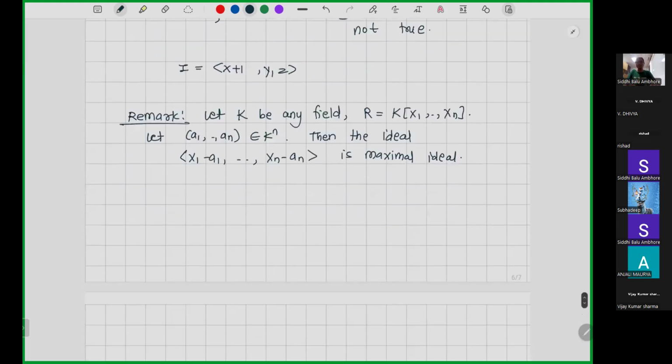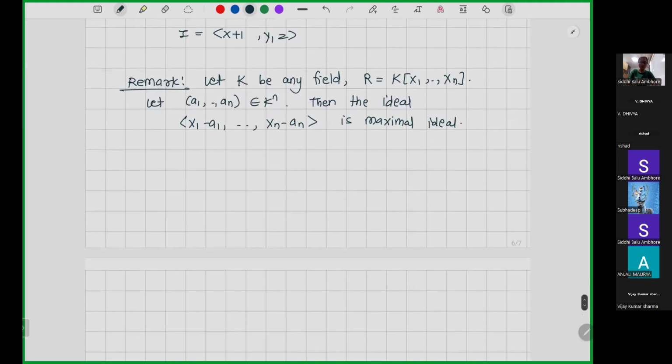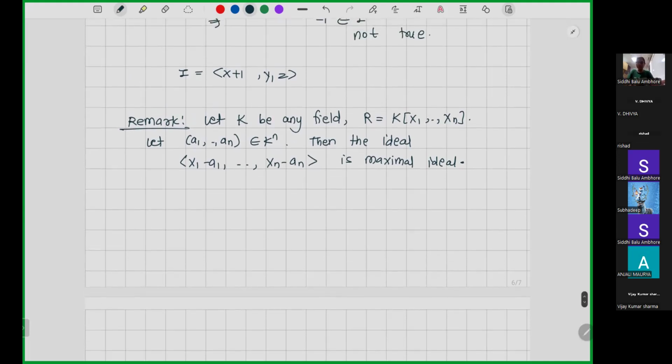So what Subhadeep said is also correct. And also we have this remark, which is easy to follow. So I can write this ideal as (x minus minus 1, y minus 0, z minus 0). So this ideal I is maximal by the following remark.